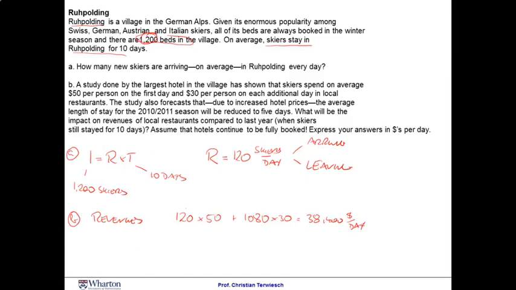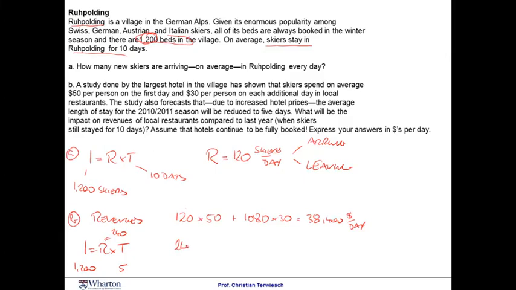Now, how does the business change when the shorter stay of the skier kicks in? Well, inventory equals flow rate times flow time. The place continues to be booked out, so you have 1,200 skiers, but now the T here is going to go down to 5 days, and that means that the flow rate every day is now 240 people coming to the village. And that's actually good for the restaurants, right?